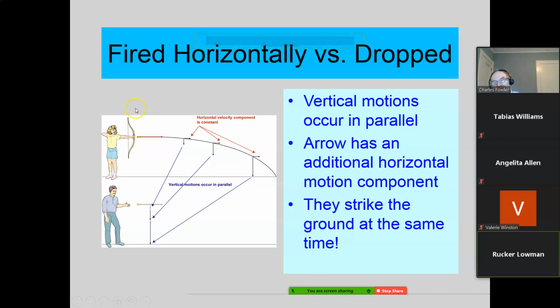She really should aim straight for the watermelon, because as the watermelon falls, so does her arrow. So they should collide somewhere on down the way.